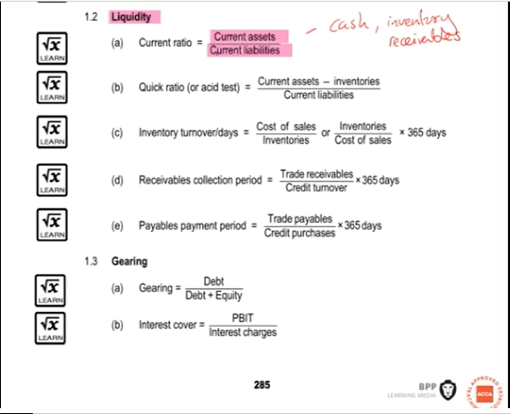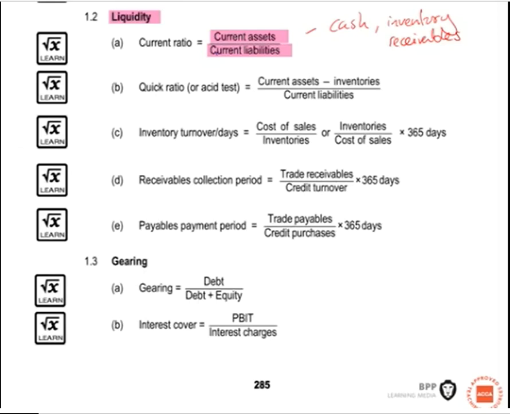The problem, of course, with that is we're assuming we can use all our current assets to meet those current liabilities. Well, I'm going to have difficulty paying my suppliers using my inventory or the promise of cash from one of my other customers. Instead, cash is really the thing that I need. Inventory is the least liquid of my current assets.